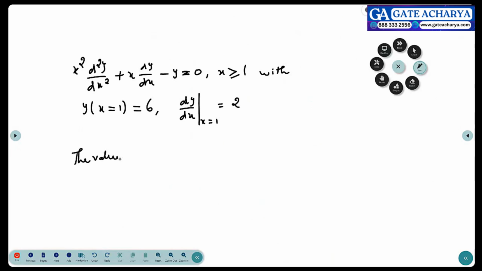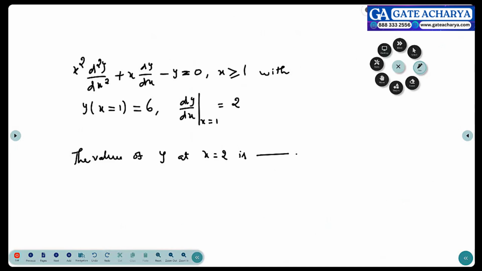The value of y at x equal to 2 is what? So that's all. The last one is a GATE 2024 question, an easy differential equations question.